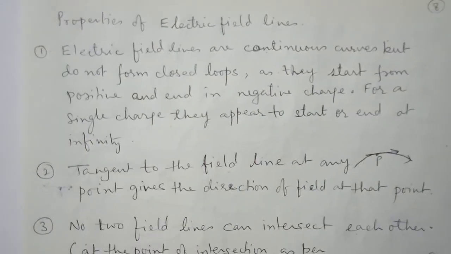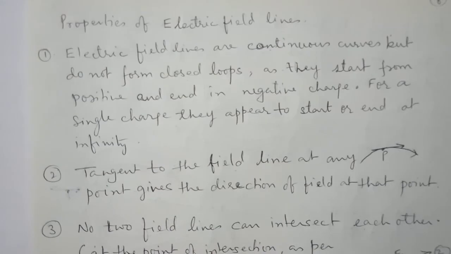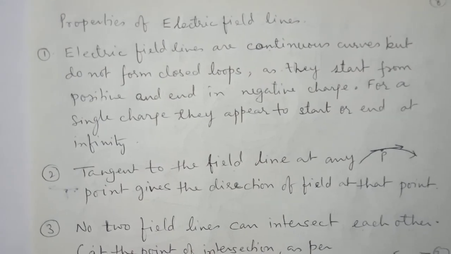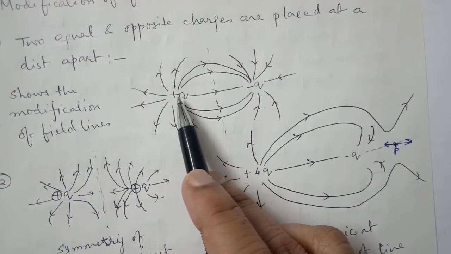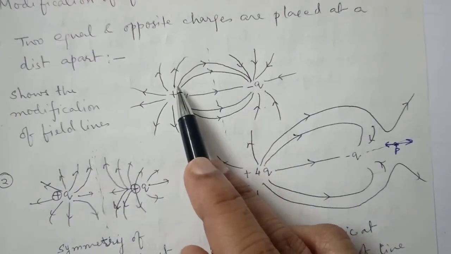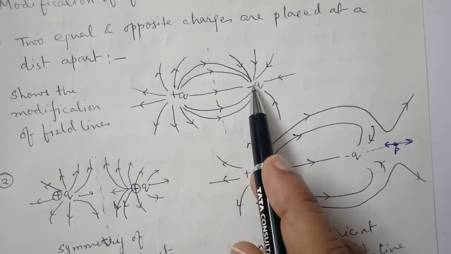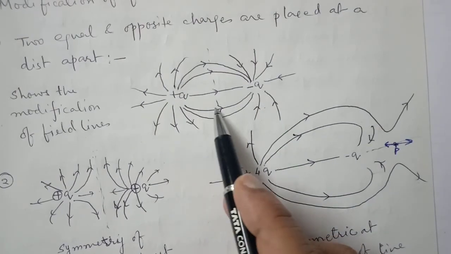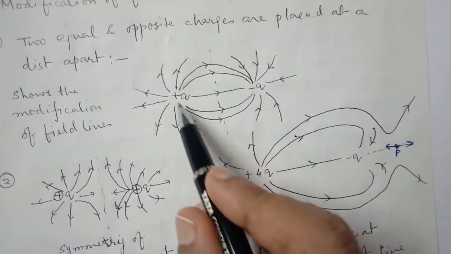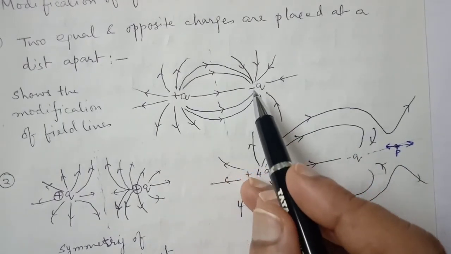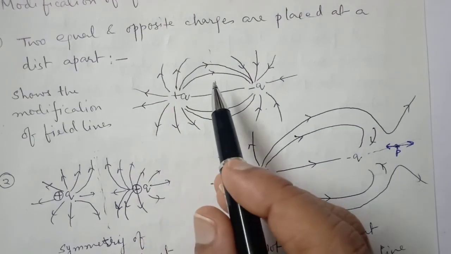But they do not form closed loops. That is why it is also considered as discontinuous. See here, if it is a positive charge, it is a negative charge. From here also field lines enter into this. Here the field lines enter into this. It does not form a closed loop like this, starting from here, entering here, now starting from here, entering here. It does not happen like this.